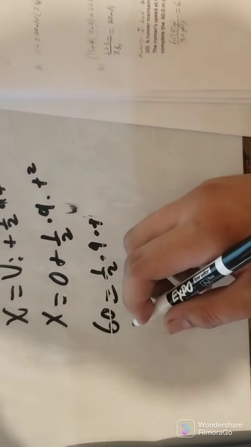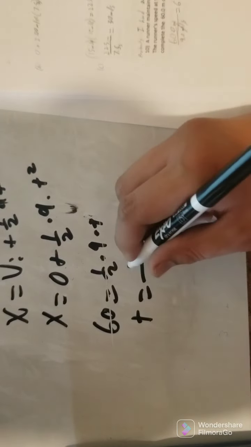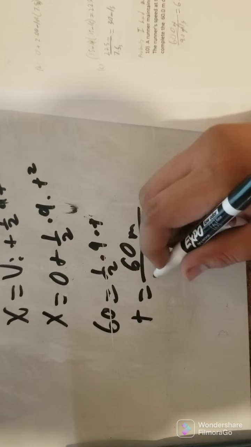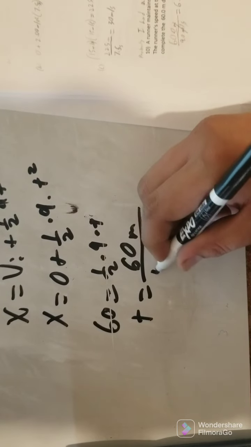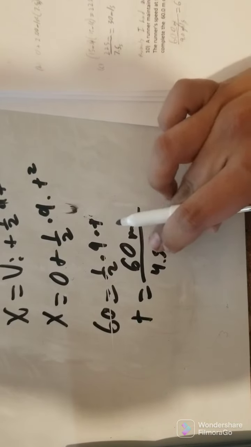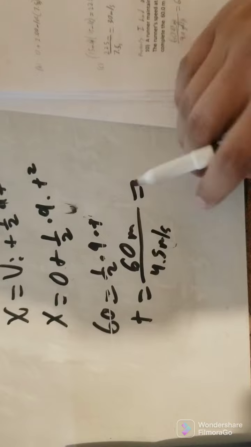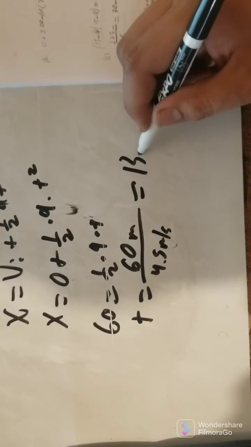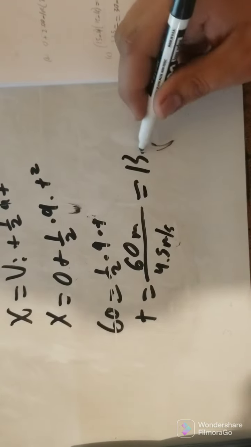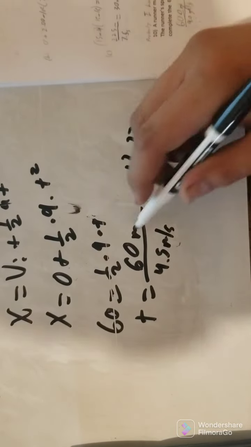So t is equal to 60 meters over 4.5 meters a second, which is equal to 13.33 seconds, because the units cancel out. And that is our final answer for number 10.